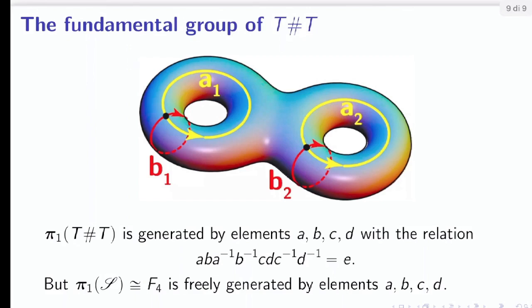Here you can see drawn 4 loops, 2 yellow ones, 2 red ones, and they go around the surface. They're meant to go through the same single black point, but I could easily deform them so they go through the same black point.